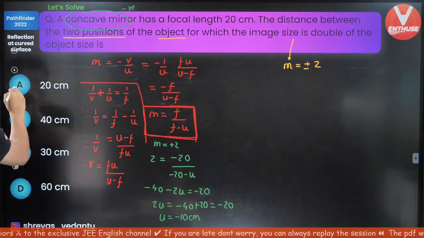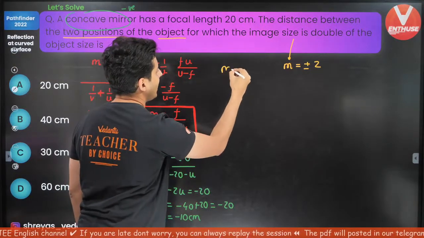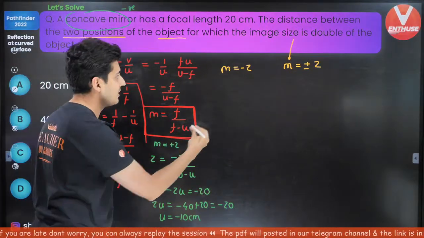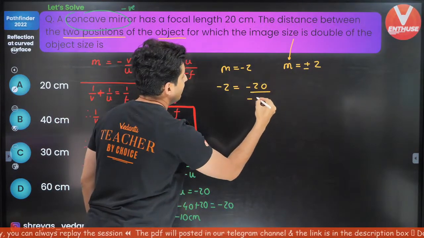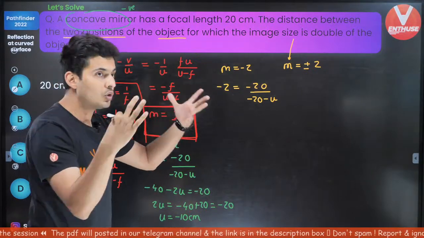Fair enough. Now going ahead, let's take the magnification as minus 2 instead of plus 2 and see what we get. So -2 = -20/(-20 - u), correct? Everything else is the same. I'll get a new object distance.